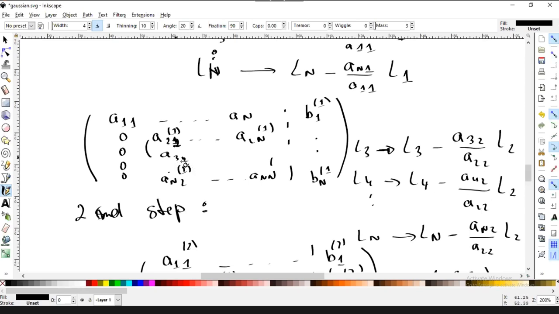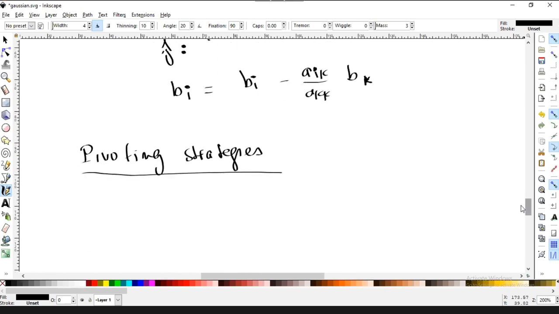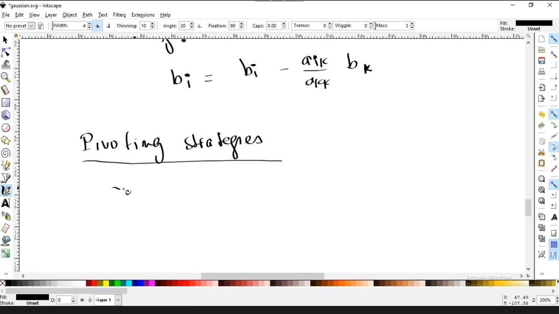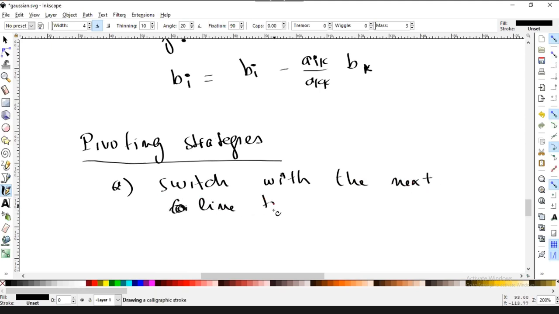I do this while AKK is different than 0, because if the new AKK is 0, I will switch with the next one. This is a very simple strategy: switch with the next line till AKK is different than 0.